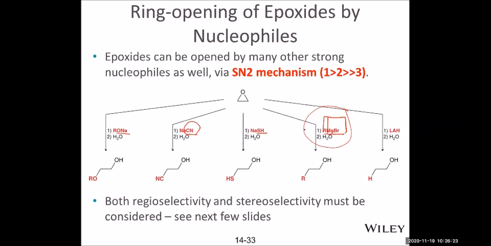So the alkyl carbanion, the negatively charged carbon ion, is in effect the nucleophile. The first step gives you the ring opening to give the alkoxide, and in the second step, by adding water, we protonate the alkoxide reaction intermediate.